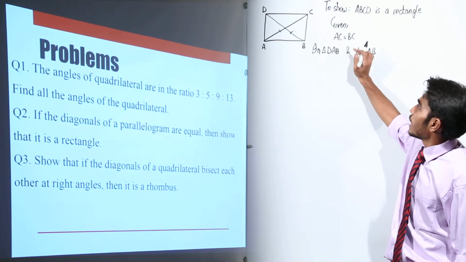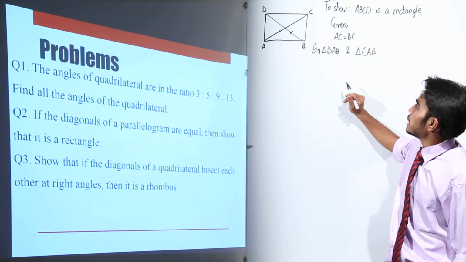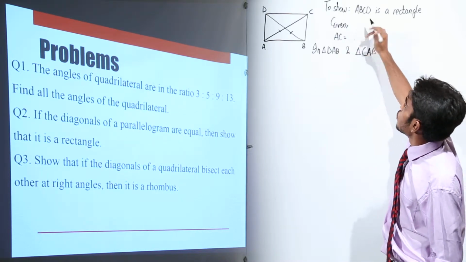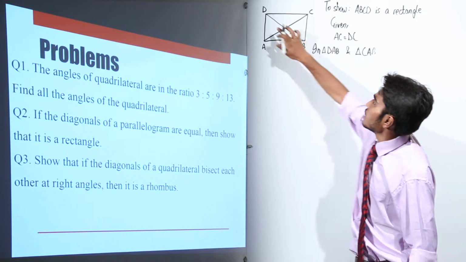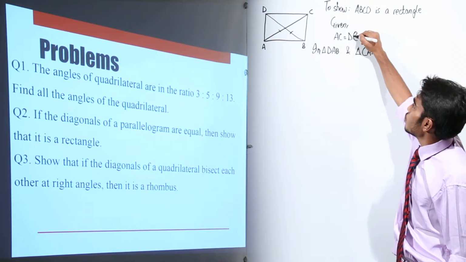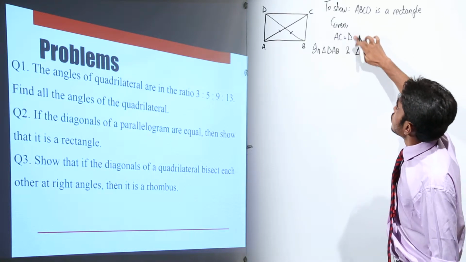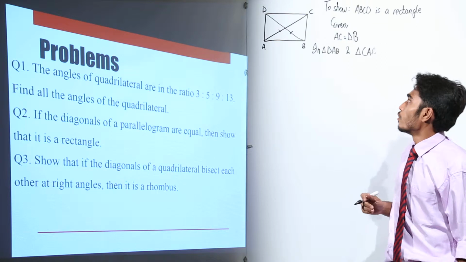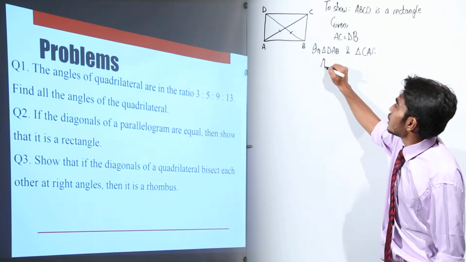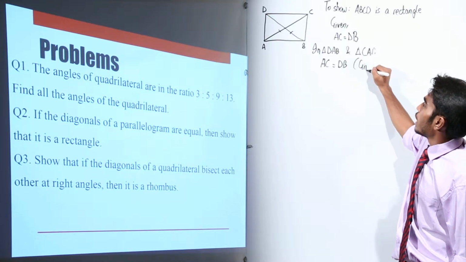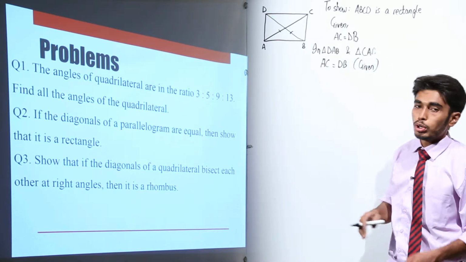I have AC is equal to DB, because this diagonal is DB and this diagonal is AC. AC is equal to DB, that is given to us, right? That is the first condition: the diagonals are equal to each other.